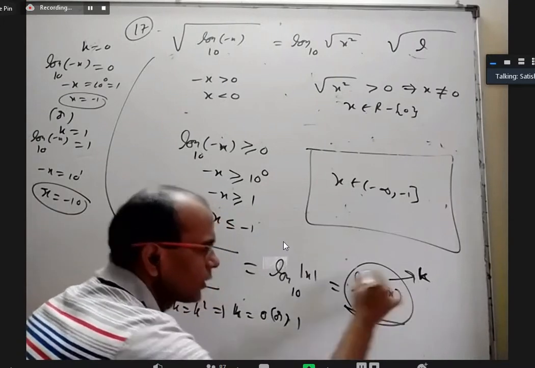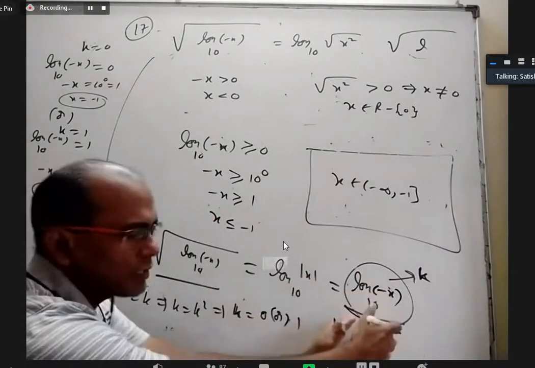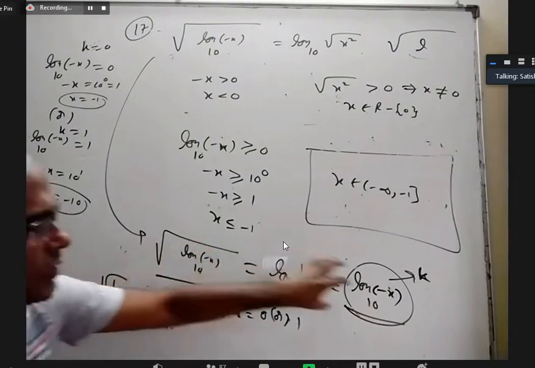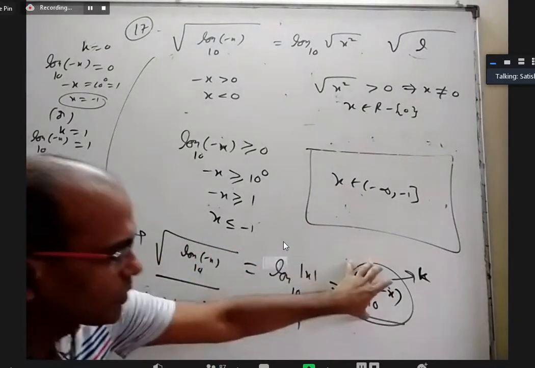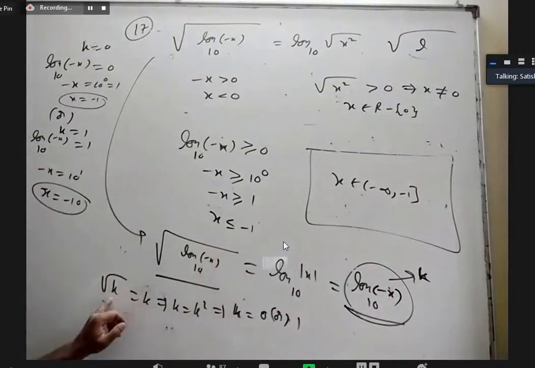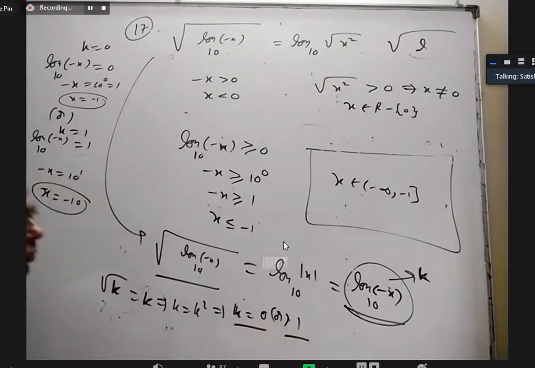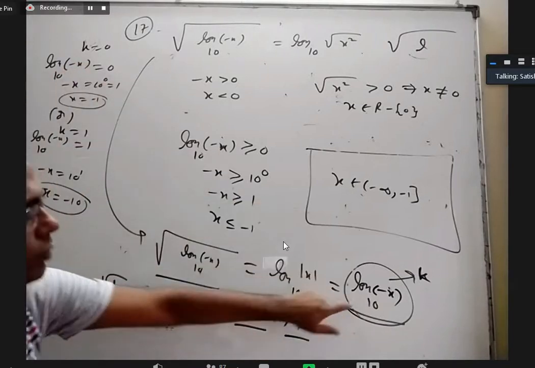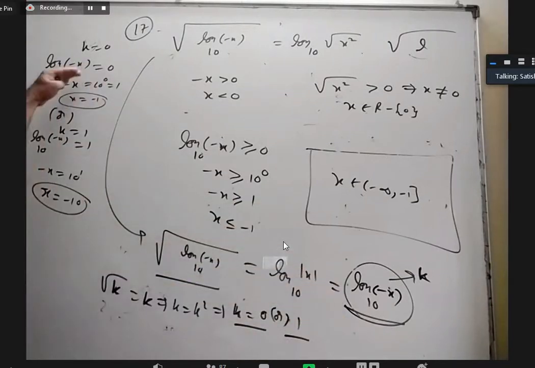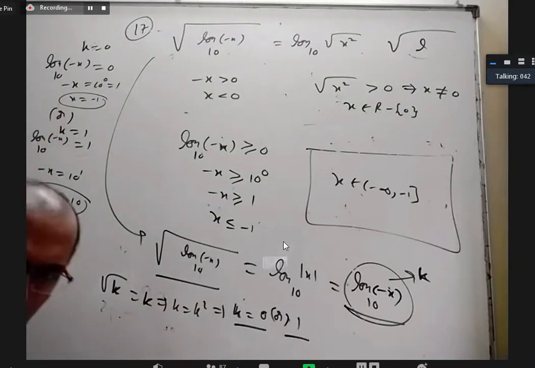This whole thing, now I take this equal to this, I have to solve. But this part and this part are the same. I took this part as k, so this is also k. So that's how I got root k equal to k. And square it. Finally, you get k equal to 0 or k equal to 1. K is 0 means this should be 0. K is 1 means this should be 1. That is the two cases. Yes, sir. Okay.